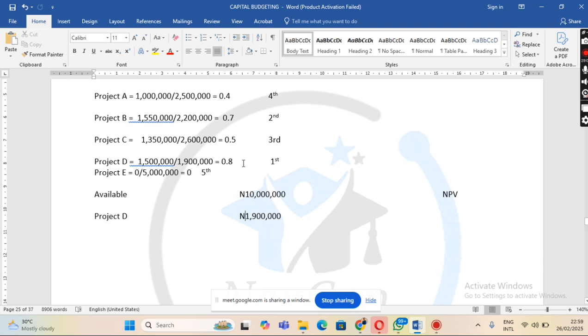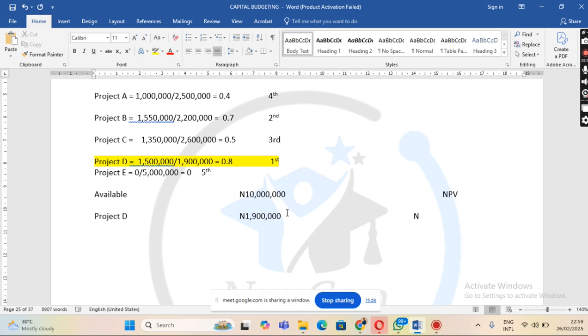Of course, when you look at this ranking, you will go for D first before B, because it actually has a high profitability index.